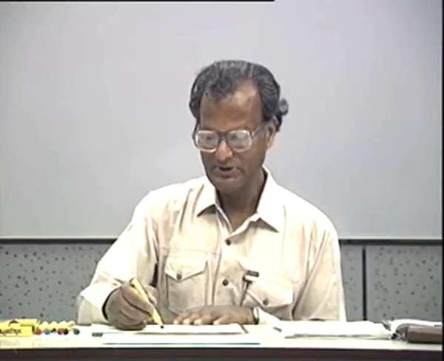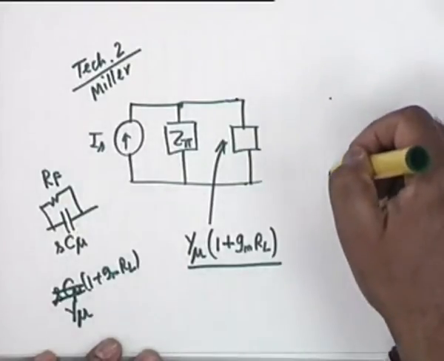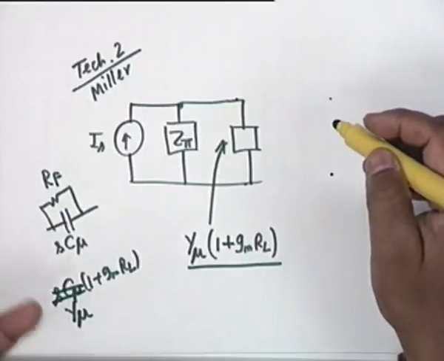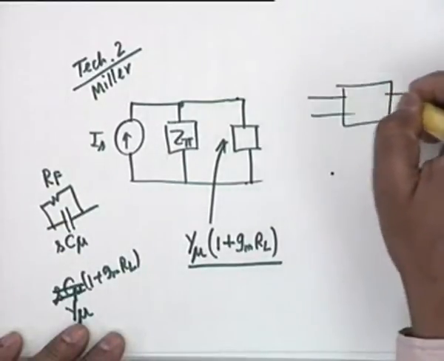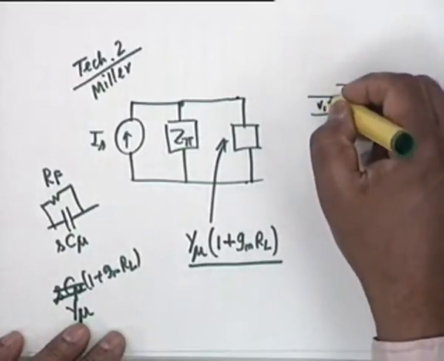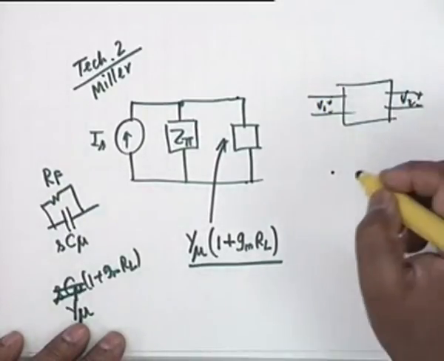So when we were doing the analysis beforehand, we were using impedances and voltage source, and current and admittances. Doesn't matter. Between this point and this point, whatever the gain is. You know, Miller effect is, you have an intermediate part of the circuit in which you know the gain between port 1 and port 2.